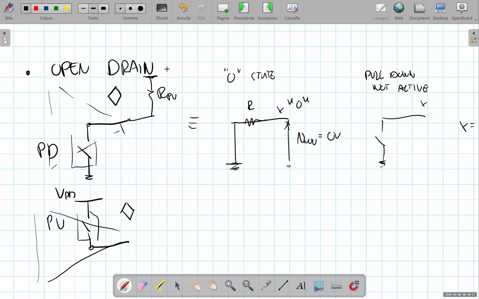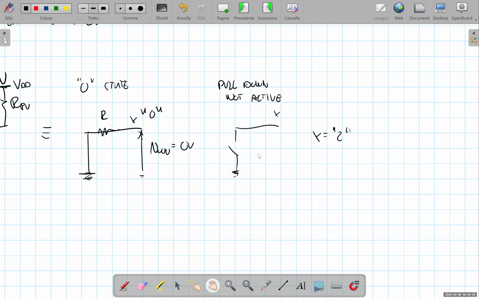If we connect externally to the gate a resistor to the power supply, when the switch is off and the pull-down is not active, thanks to this resistor connected between the output and VDD, the output voltage is equal to VDD, which corresponds to the high logic level.